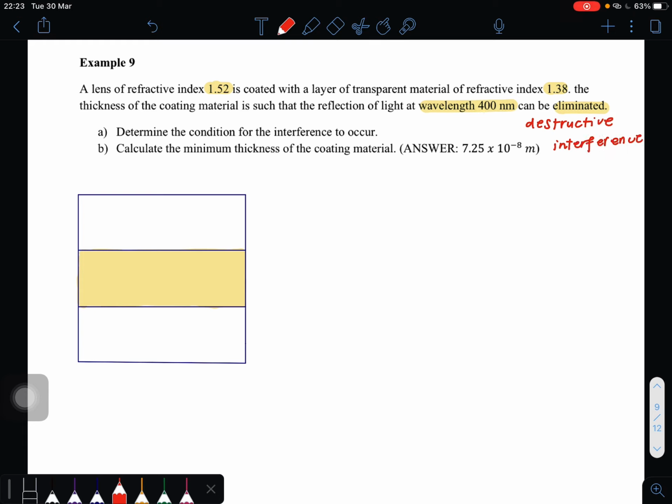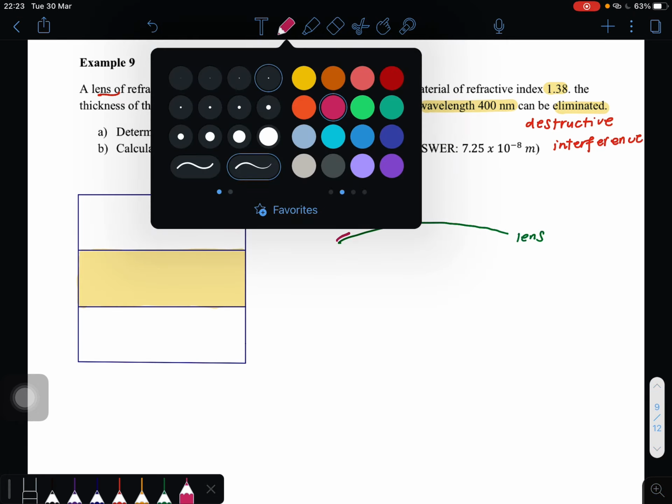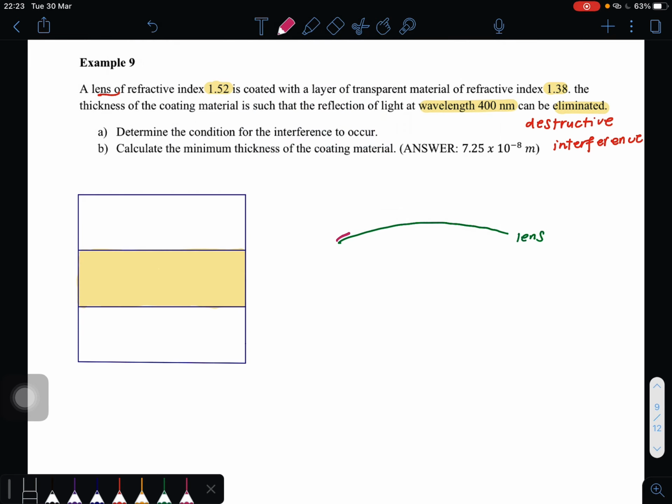Okay, so basically we have a lens, right? So let's say this one is a lens. And then this lens is coated. There is a coating on its surface. So let's say this one is the coating.